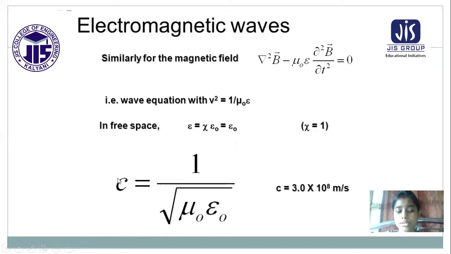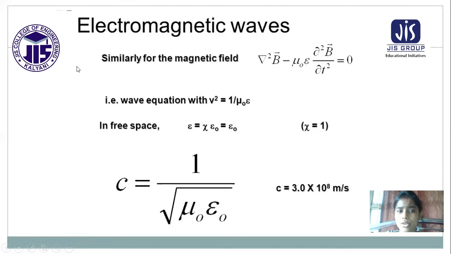Now if we put C equal to 1 by root over mu naught epsilon naught, where mu naught is the permeability in free space and epsilon naught is the permittivity in free space, and put in the values, we get the velocity of light, 3 into 10 to the power 8 meter per second. This is about the electromagnetic wave.